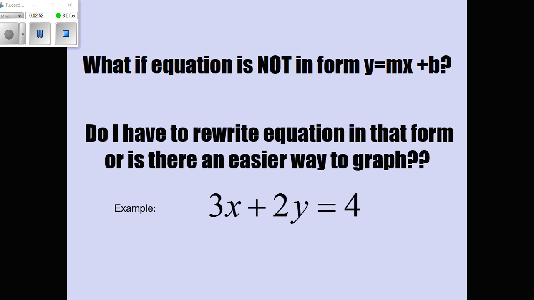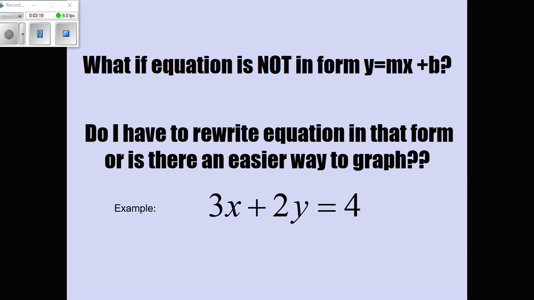So instead of taking this equation and solving for y, this is a literal equation. You could solve for y. I'm not saying that you can't, but there is an easier way to graph when it is in this standard form. And that is by using x and y intercepts. Okay?